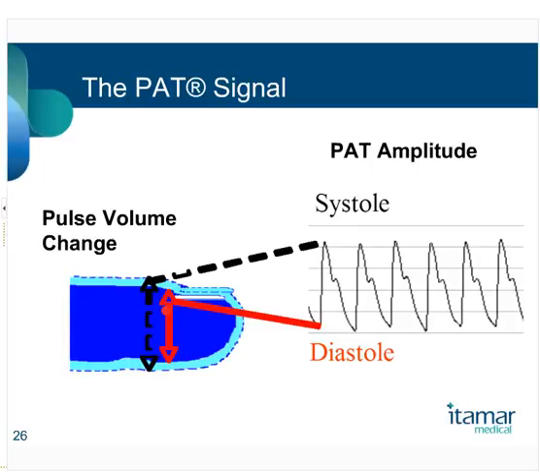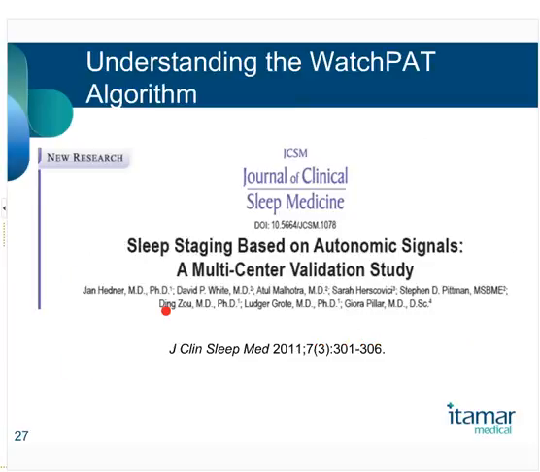And that very minor change in blood volume in the fingertip with each cardiac cycle can be detected by the Itamar WatchPAT probe, which at its most basic level is a finger plethysmograph. You'll remember from your pulmonary physiology days that plethysmographs are devices that measure the change in volume of something. A finger plethysmograph is going to measure the change in blood volume of the finger, and that's exactly what the WatchPAT does.